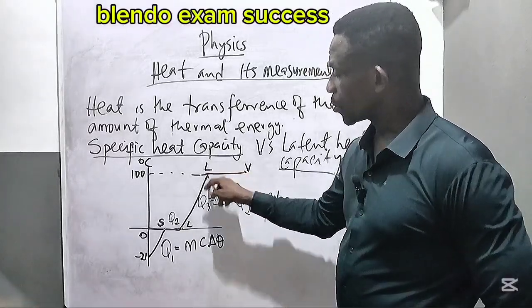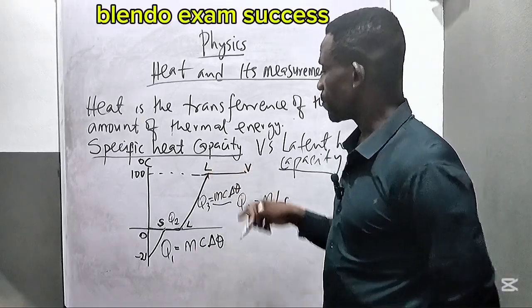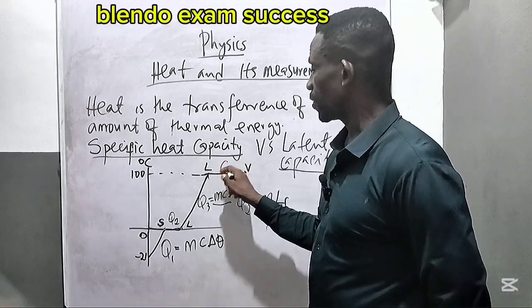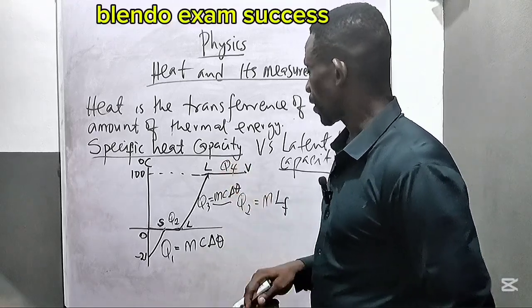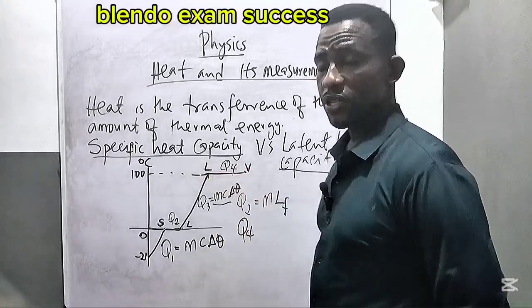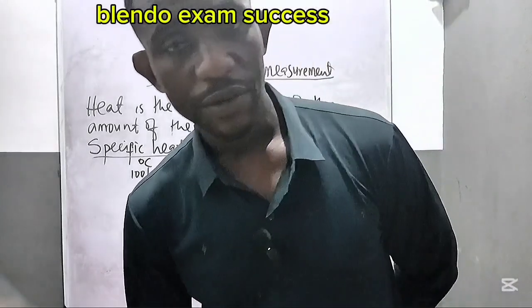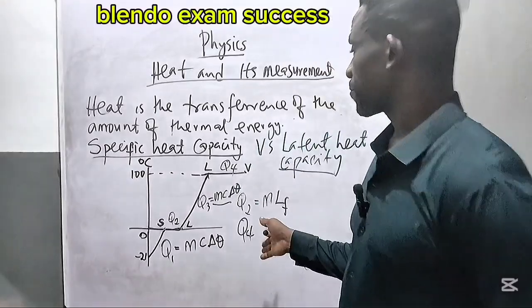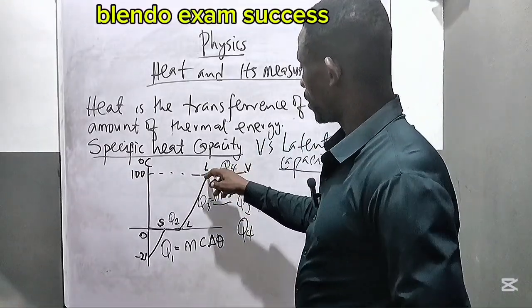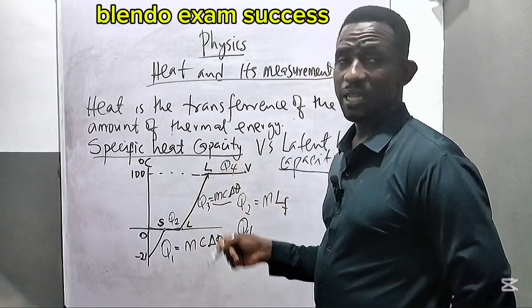Now, we get to the vapor phase, liquid to vapor phase. At this point, you call it Q4. For Q4, the temperature is also constant. That is the boiling point of water, 100 degrees Celsius. At this point, the liquid is gradually turned into vapor at constant temperature.